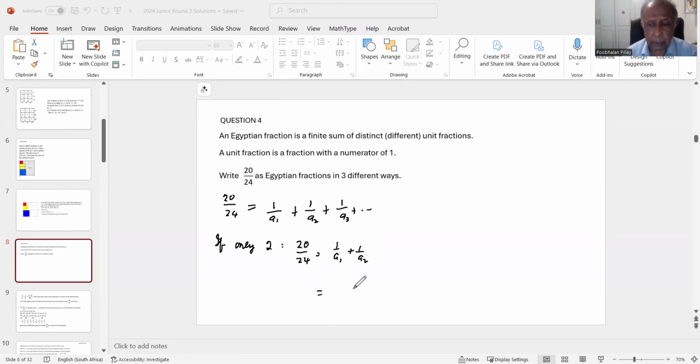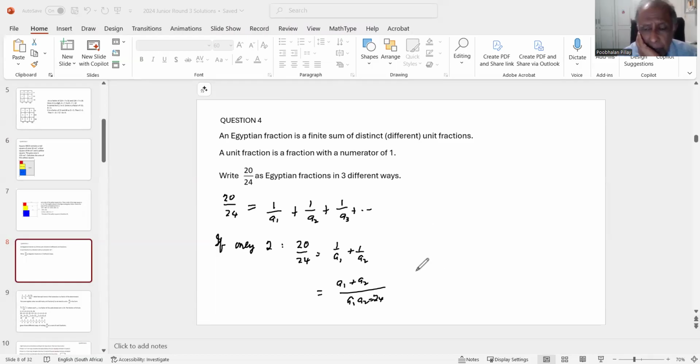And that is equal to, with common denominator a1 a2, a1 plus a2 over a1 a2. So you can take a1 a2 to be 24. And you'll see that a1 is a factor of 24 because you've got a1 a2, and a2 is also a factor of this.